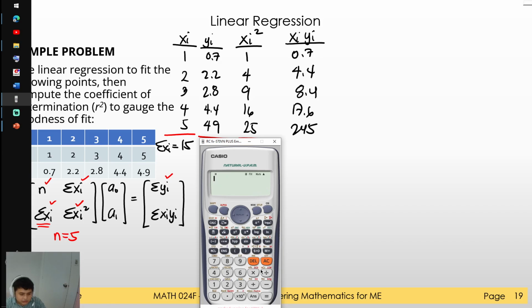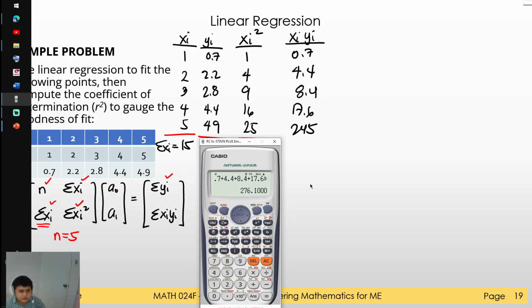So the sum is 0.7 plus 4.4 plus 8.4 plus 17.6 plus 245, which gives 276.1. I'm just gauging if I'm correct. This doesn't seem correct.